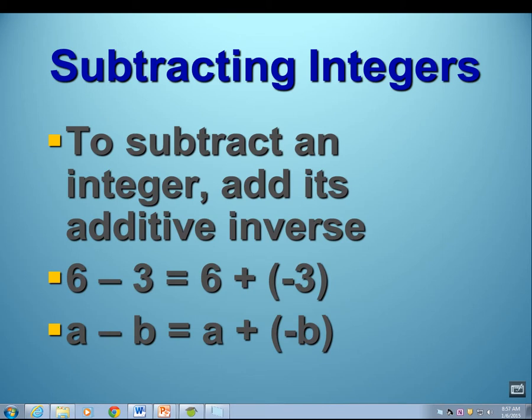And a minus b is a plus negative b. Now, whenever we have those variables in there, that means it's algebraic. It's an algebraic expression saying for any a minus any b, so any two different numbers, that's what you could do.